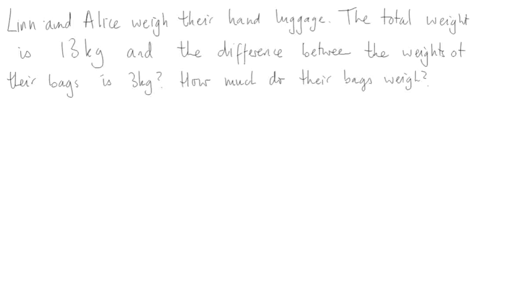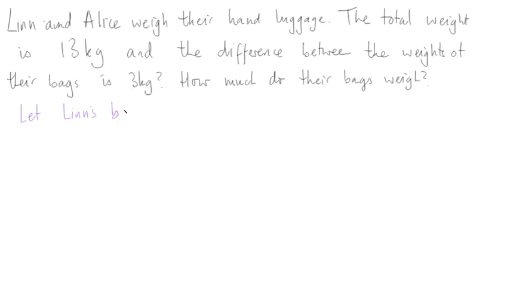Now, the first thing when you try and solve this is, you have to give a variable to what you don't know. So what is it that you don't know? Well, you don't know the weights of Lynn's and Alice's hand luggages. So you have to introduce variables.